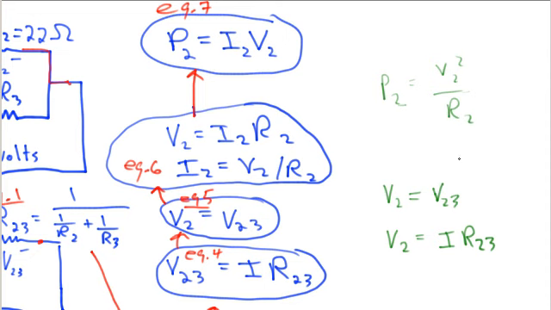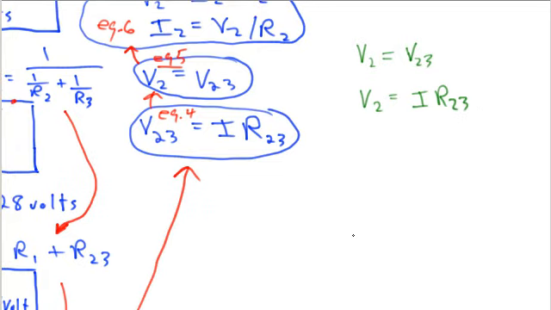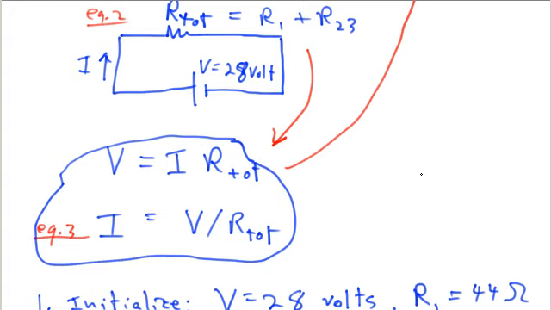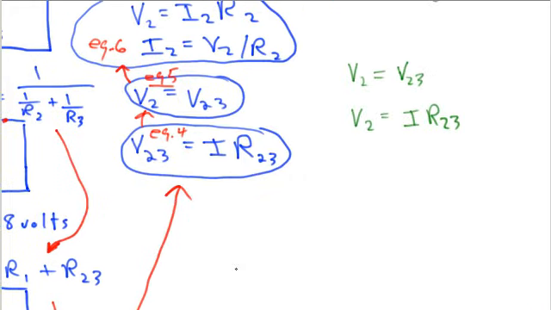So from here, I'm going to try I is V over R total. So V2 is V over R total times R23.